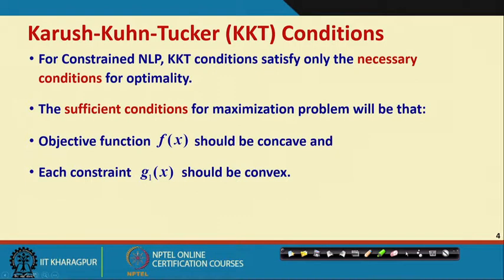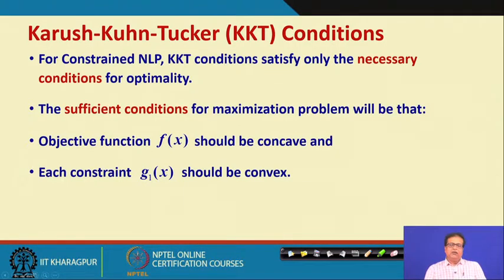So, if I have a linear objective function, then automatically we can assume it to be concave, and if some of the constraints are linear, then those can also be assumed to be convex, because linear functions are both concave and convex at the same time.